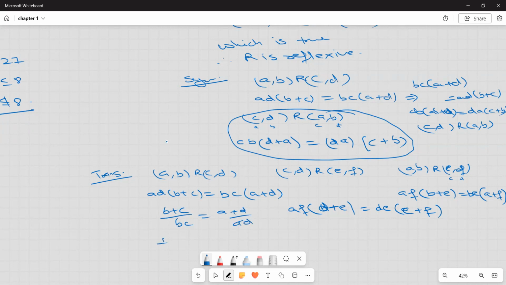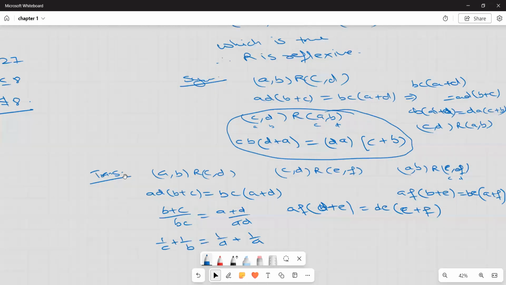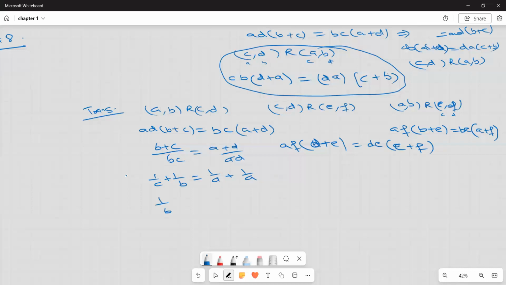So this is 1 by C plus 1 by B is equal to 1 by D plus 1 by A, or 1 by B minus 1 by A is equal to 1 by D minus 1 by C. Same here, D plus E by DE is equal to E plus F by EF.